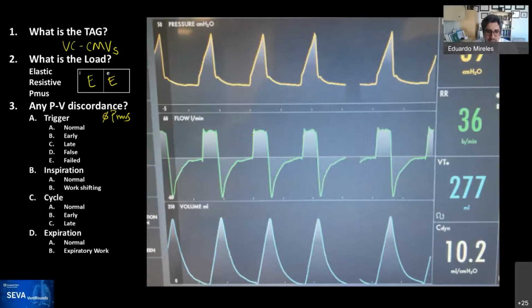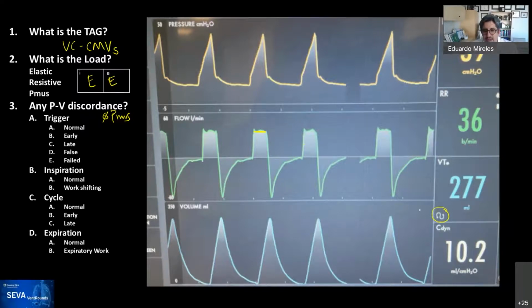Now, many of you have heard me say this before. In most ventilators, when we see this, it's actually a square. It doesn't have these little irregularities on top, and this is just something that the Servo U does when this button is on, or when this little icon is present.